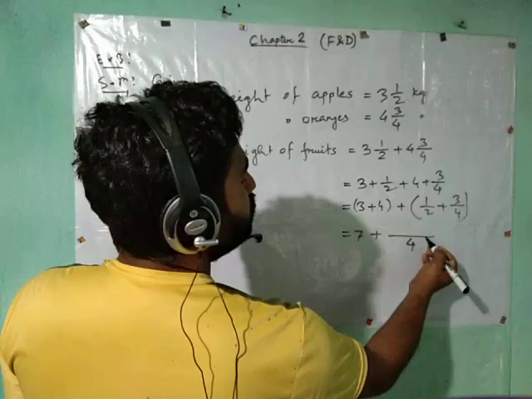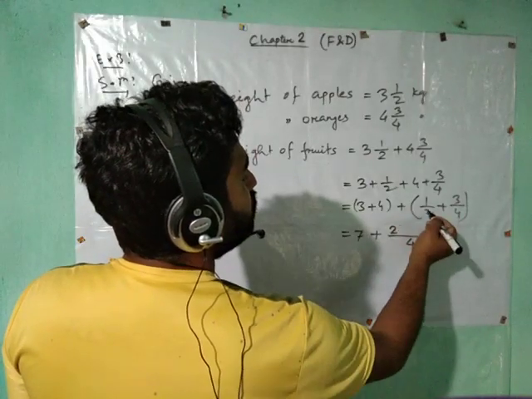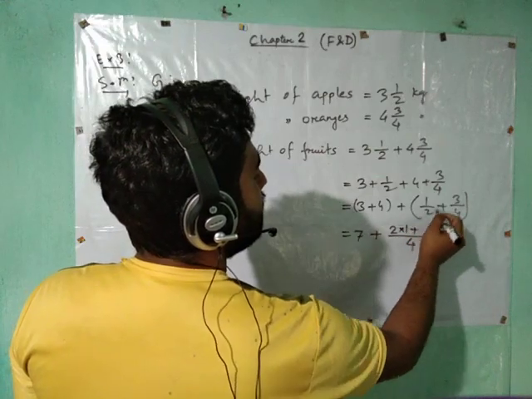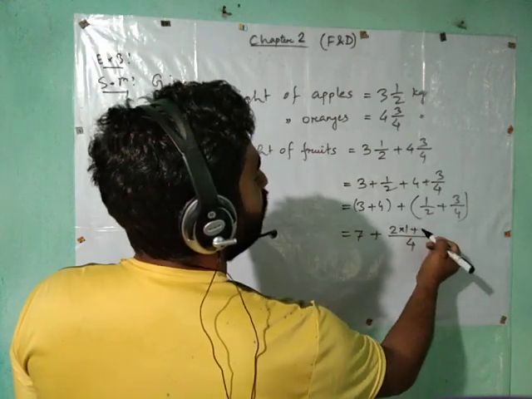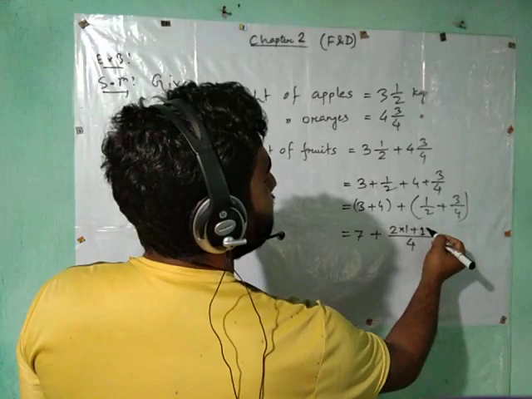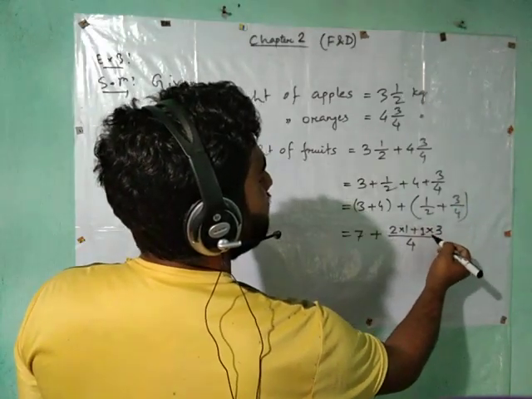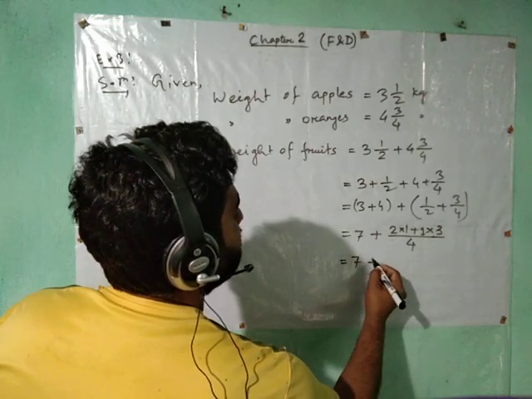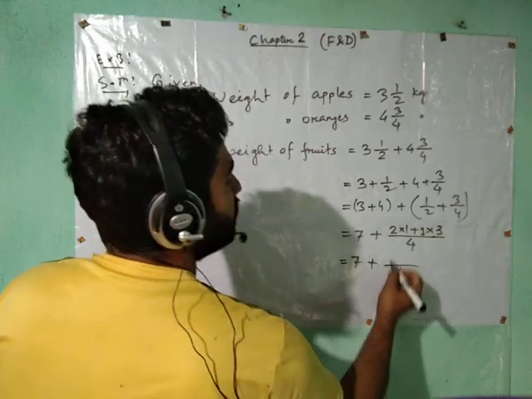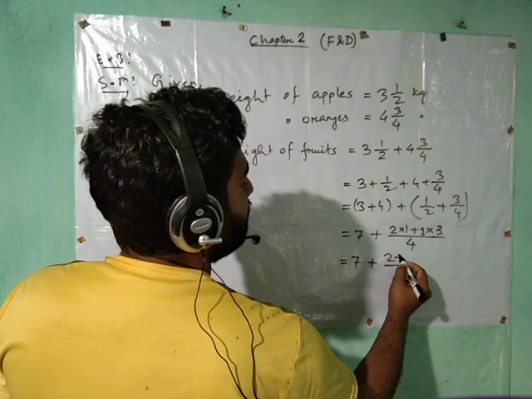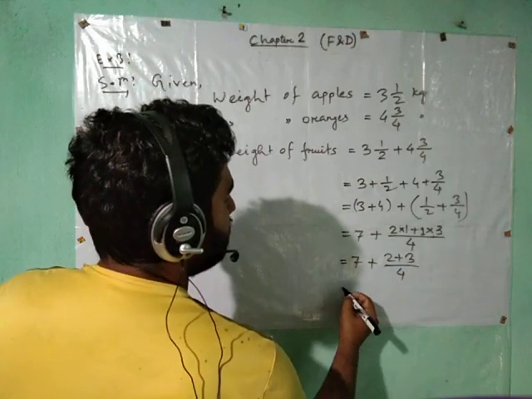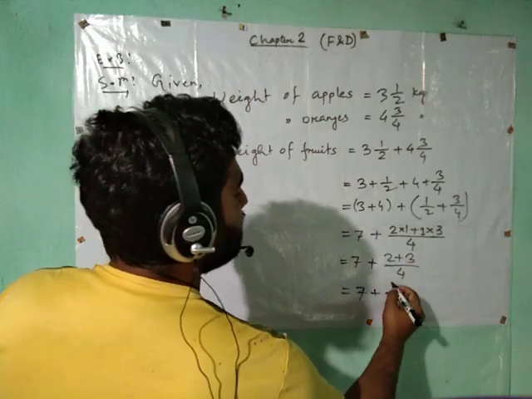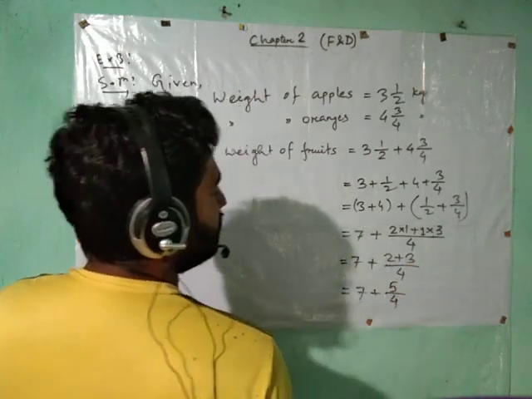Now 2 2s are 4, 2 2s are 4 into 1 plus 4 1s are 4 into 3, right? Is that clear? Now 7 plus below 4, here 2 plus how much? 3. It will get how much? 7 plus, from here you will get 5/4.